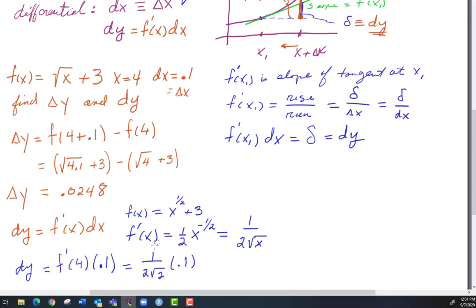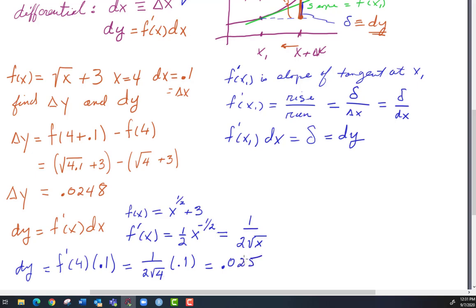Oh, I jumped the gun here a little bit. I extracted the root already, and the independent variable is 4, so this would be over 4. Now let's do the arithmetic. You take the square root of 4, you get 2, multiplied by 2, you get 4.